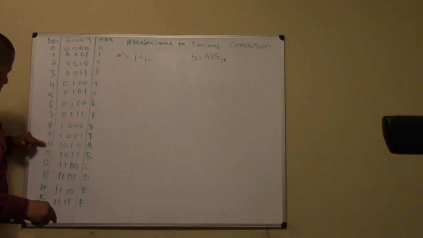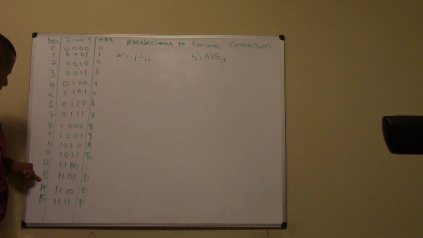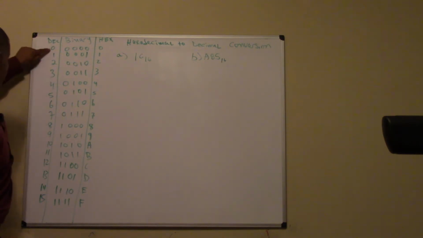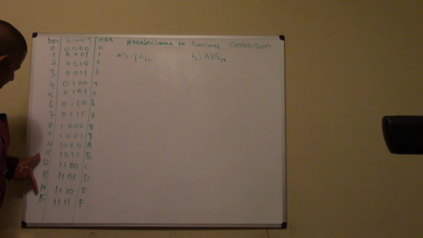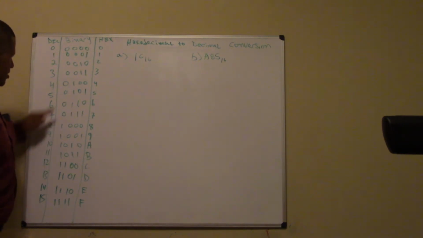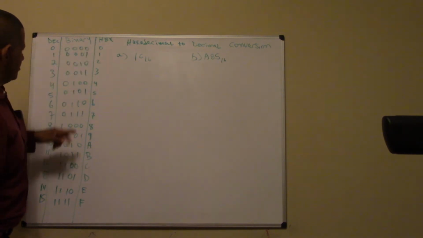Then for 16, we got 6 more digits, right? So this is a 10, and then we got 1, 2, 3, 4, 5, 6. So we get to 15, but we start from 0. That'll give us 16, base 16. So now we translate this from 10. Starting from 10, we got the same thing in the hexadecimal.